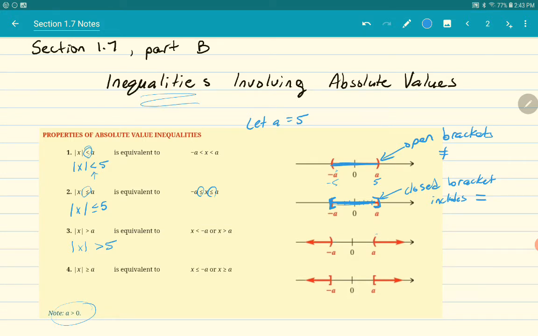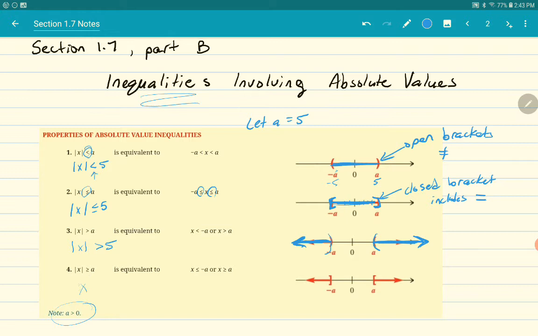It's not equal to 5, so we have open brackets, so it could be 5.1 or 5.0001, but anything starting right after 5. It is greater. So you walk 5 units away from 0 in either direction, and then once you get past 5, your next step is a possibility for x. So x could be anything that is further than 5 units away from 0.